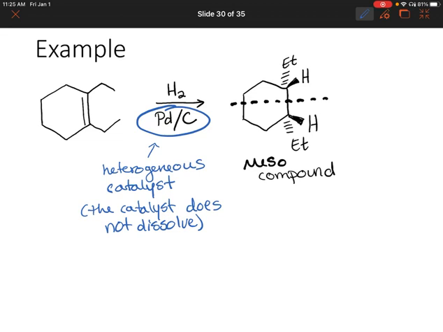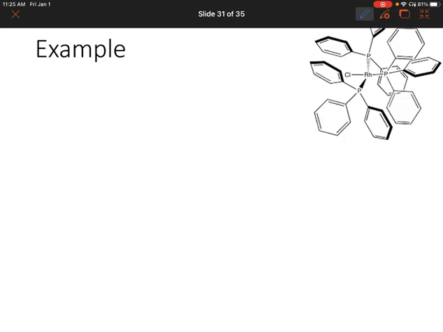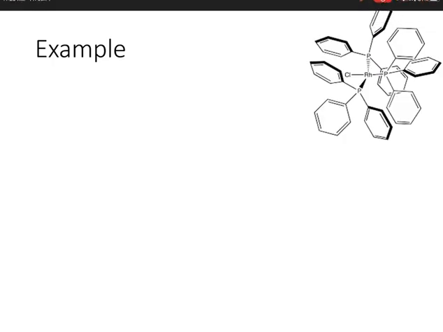So there is another catalyst that we can use, and it's shown in the upper right-hand corner here. It's gigantic, very complex, with lots of phenyl groups attached. And you'll notice that there is a rhodium atom, Rh, in the middle, surrounded by phosphorus atoms.